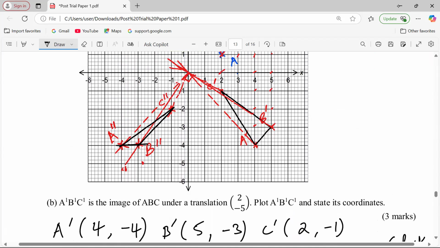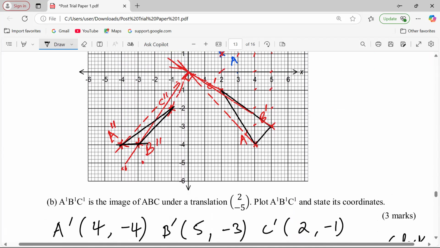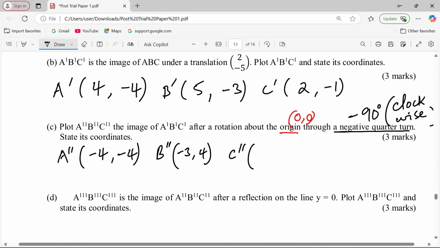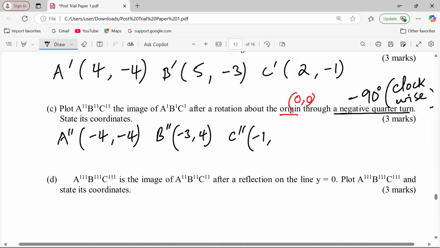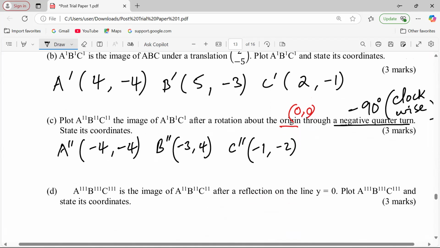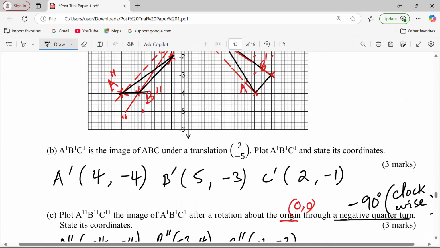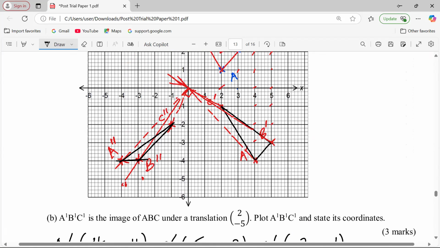But C is becoming -1, -2. Yeah, that way. So I suppose this is what we should be having according to the distances.